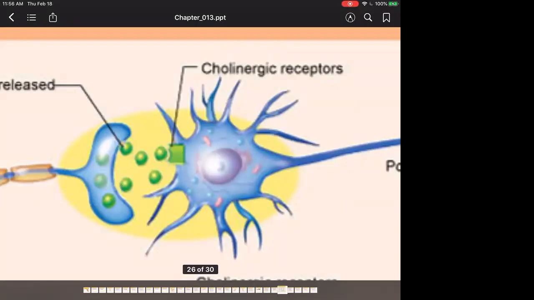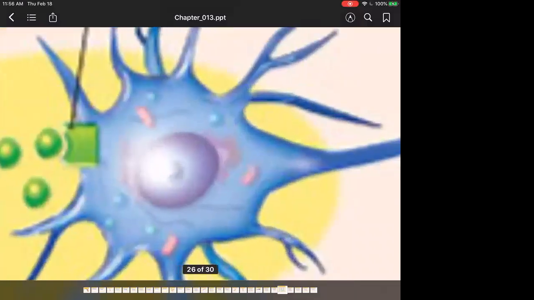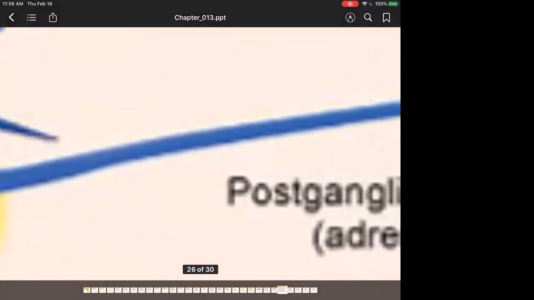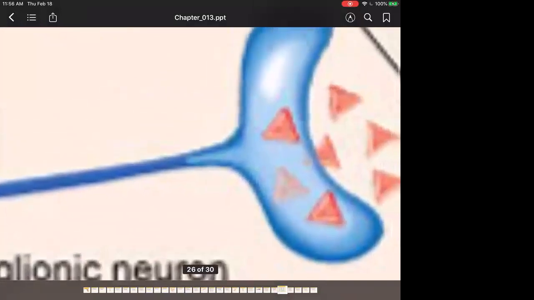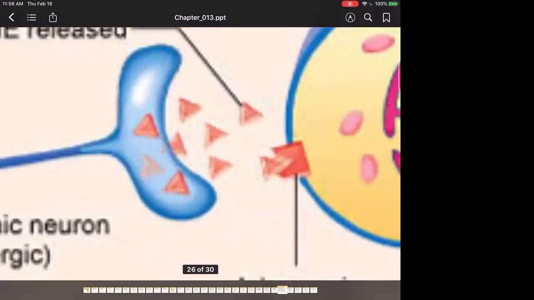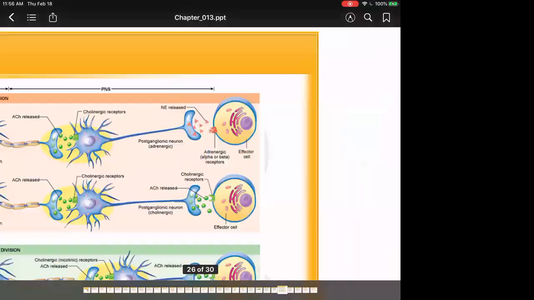That's going to cause sodium to come rushing in, more positives on the inside of the membrane of this cell. So now, because we have more positives on the inside of this cell, that's changing back into an electrical message again, which is eventually going to get sent down here and released as a chemical message. In this case, they're showing norepinephrine, which crosses that space, et cetera, et cetera.